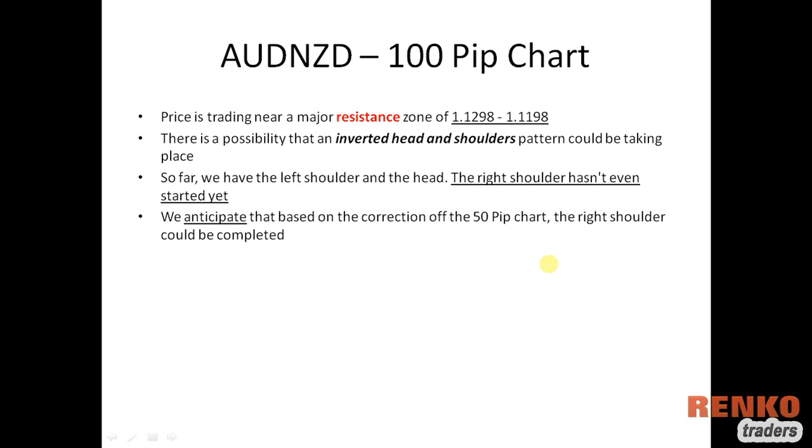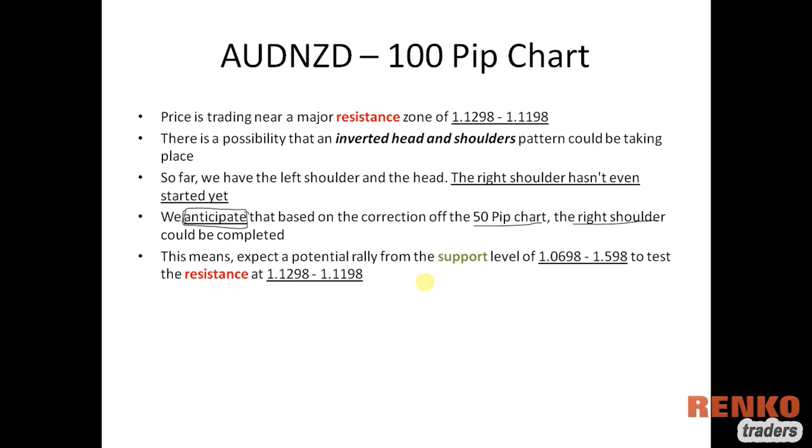We anticipate, and note that I stress the word anticipate, because for all we know, price could simply ignore our analysis and just do what it wants. So we anticipate that based on the correction that we've identified from the 50 pip chart, the right shoulder could be completed.